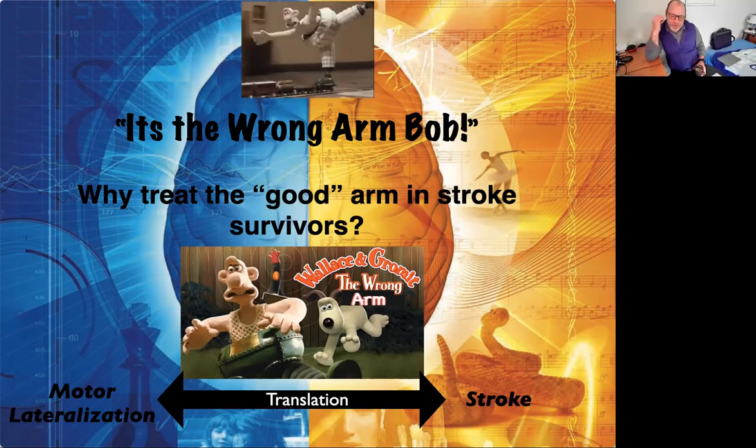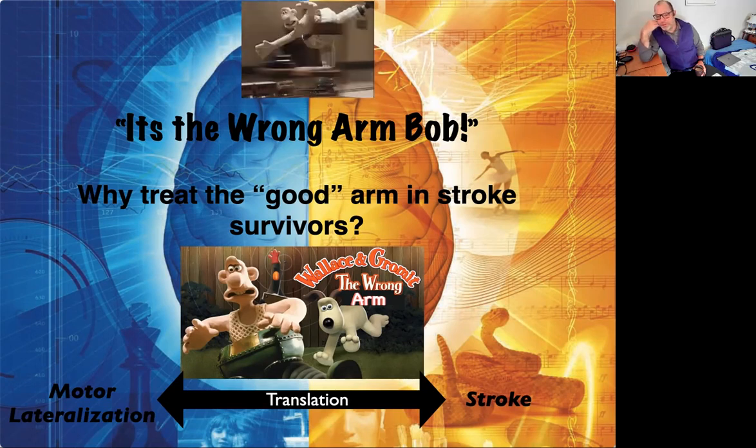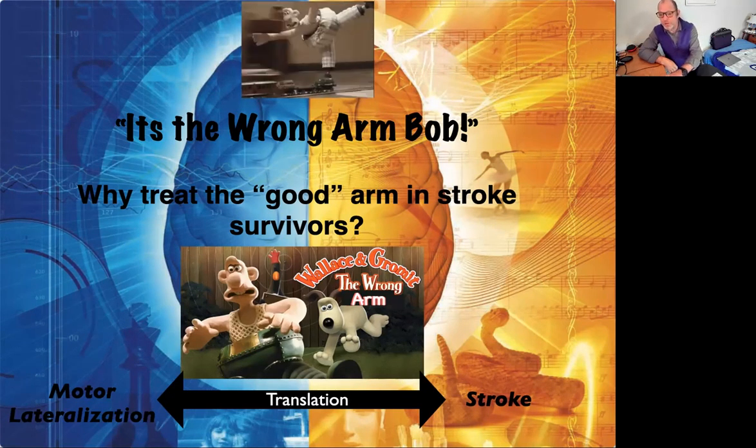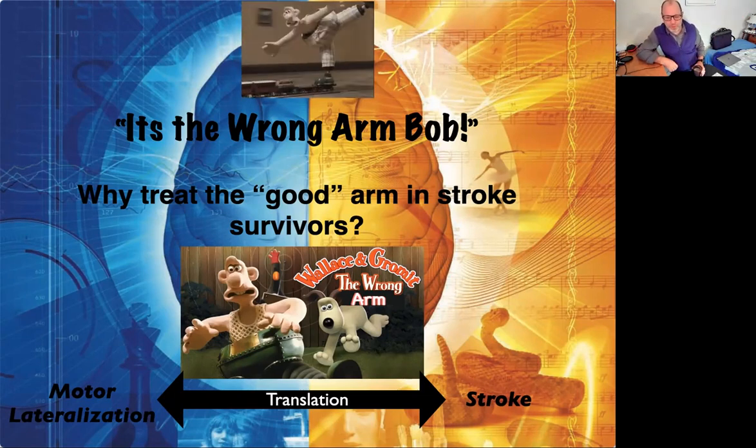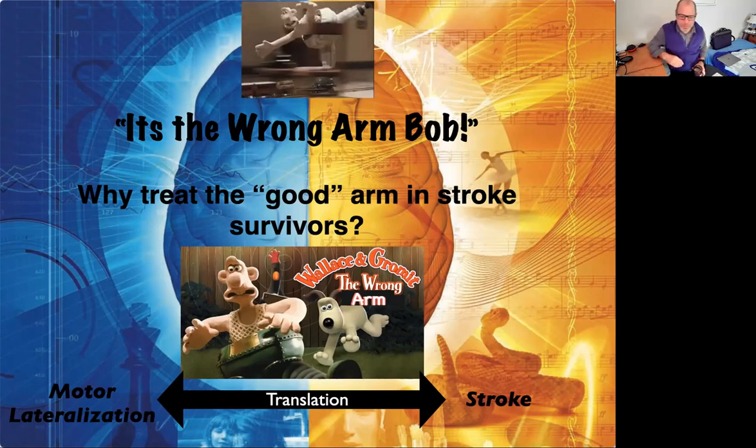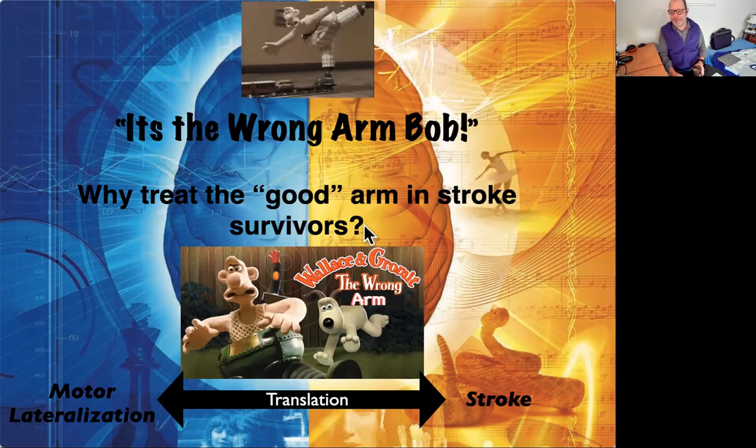But what always struck me about what we ended up doing with stroke patients is that, as you'll see, we've focused on the good arm in stroke. And my friends like Jules DeWald at Northwestern University, who studies the bad arm in stroke, used to yell at me, "It's the wrong arm, Bob. You got to study the other one." And so it always reminded me of this movie called The Wrong Trousers by Wallace and Gromit, which is why I show this. But as Jason said, I do translational work.